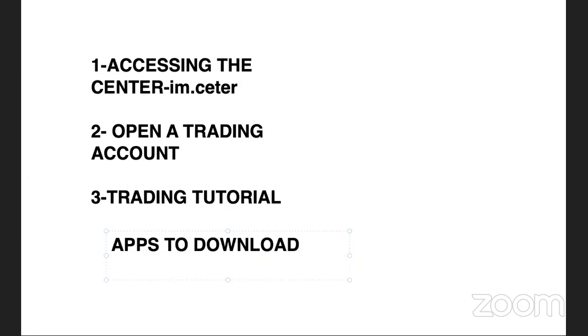Apps to download. IAM Academy app. This is very important. You can download this. The IAM Academy app. Then I believe some of you already have, for some of you that will be trading, let me just list the apps you need to have on your phone.